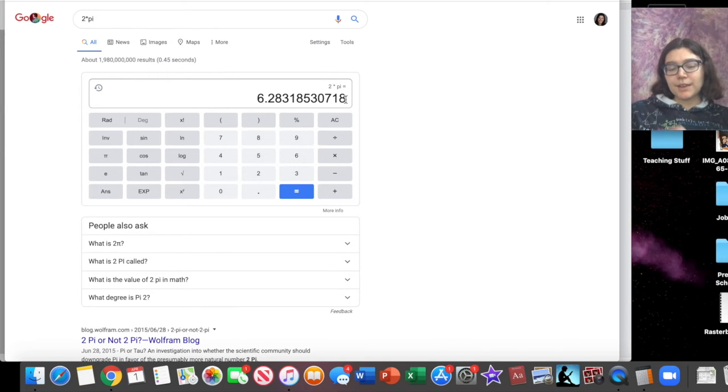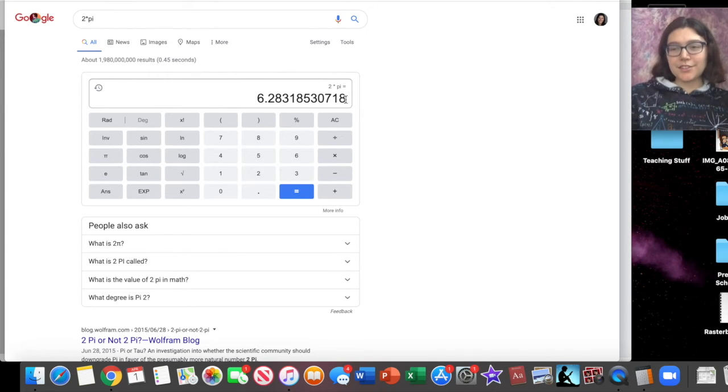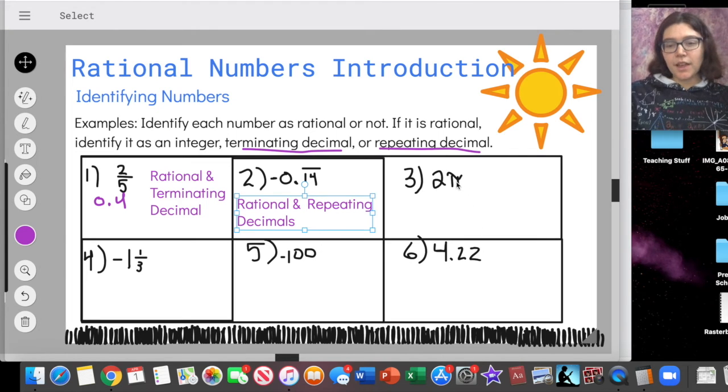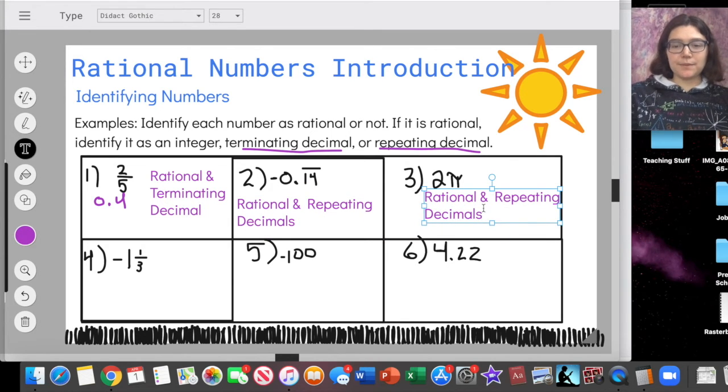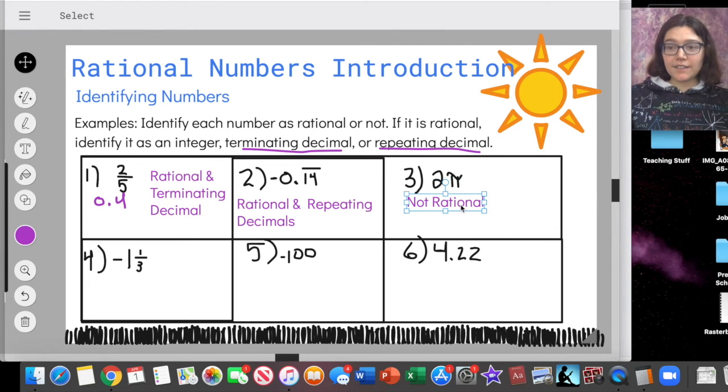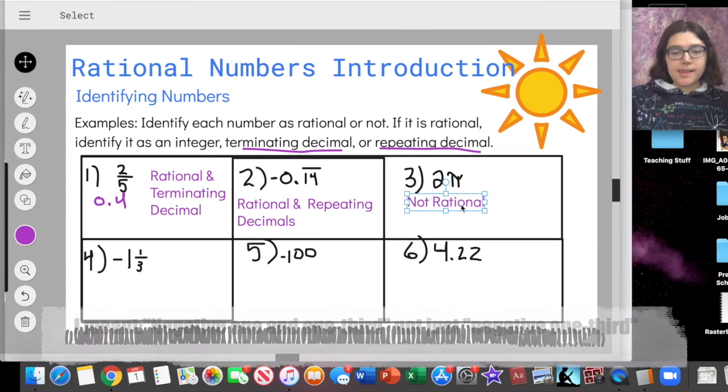And maybe you'd think this stops, but that's just because the calculator's rounding, which is why you have to be careful sometimes with calculators. But if we have pi in any form, that means we're going to have an irrational number, not rational. It goes on forever and there's no pattern.